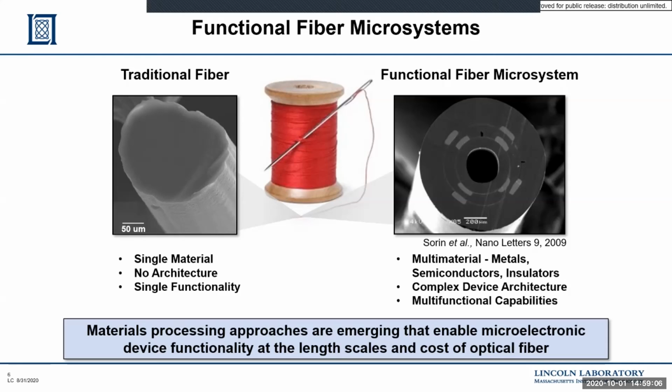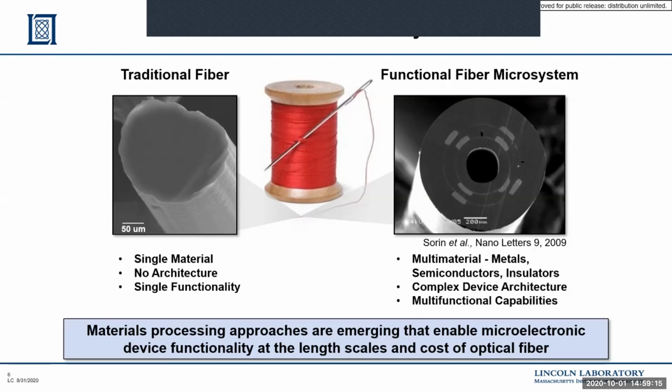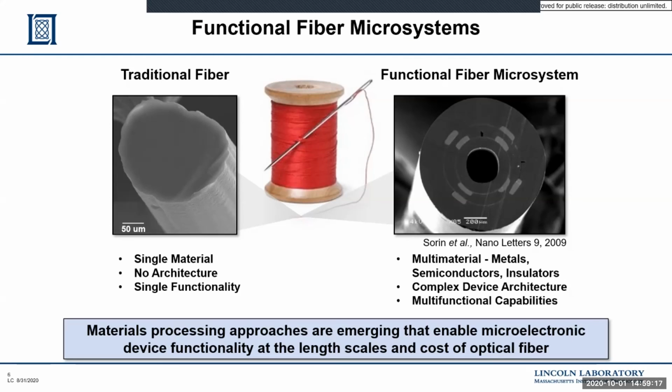We're on the same order of hundreds of microns in diameter and the same kind of kilometer length scale, only now a specific fiber is able to sense incident light on its surface and also the direction of that incident light. So with the same diameter and length scale, our functional fiber microsystem has the same size as a traditional fiber, but with that additional functionality.